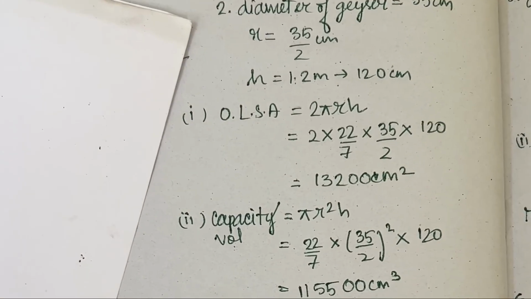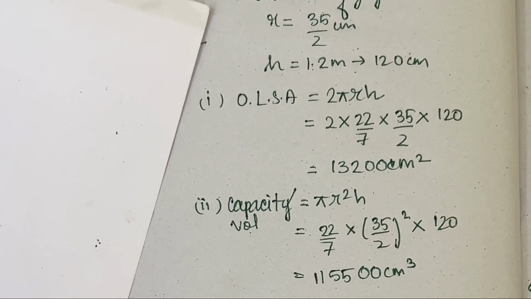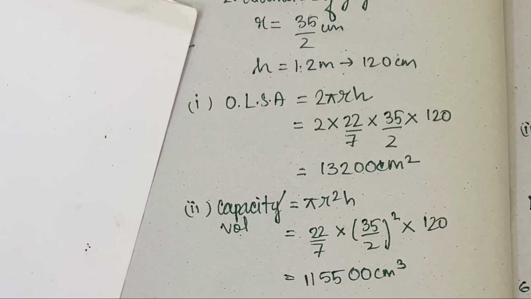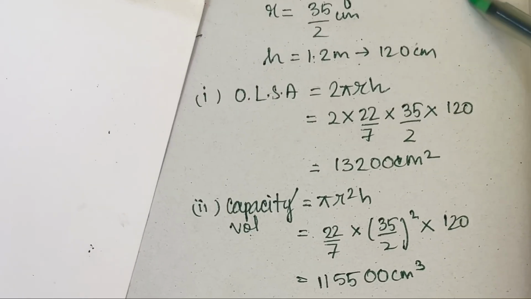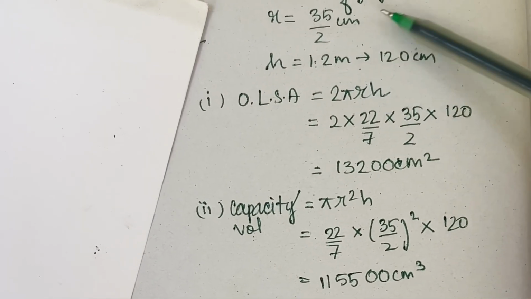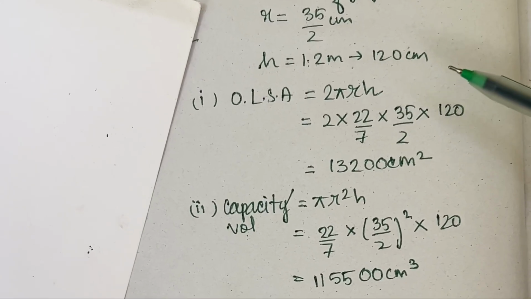Now for sum number 2, it is telling an electric geyser in cylindrical shape having diameter as 35. So when diameter is given, the radius will be 35 by 2 centimeter.